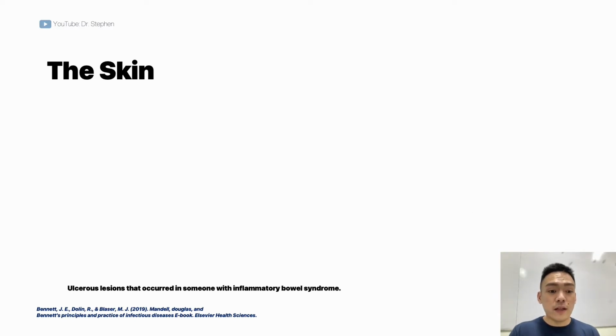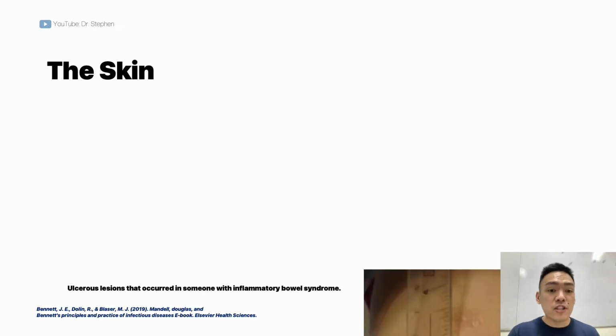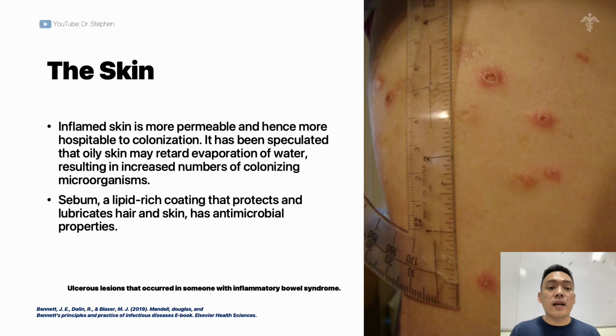Well, if you have a patient with some ulcerous lesions that occurred in someone with an inflammatory bowel syndrome, or it could be a fungal bacterial infection, they might be permeable and hence more hospitable to colonization.